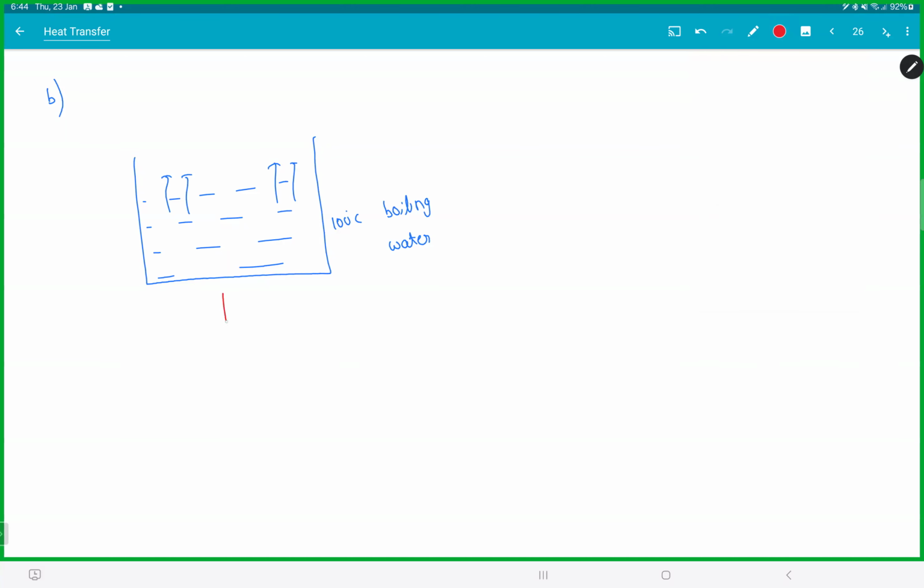You have some heater also, so you're maintaining this continuously. Now what you did, inside you dipped a metal glass with water.